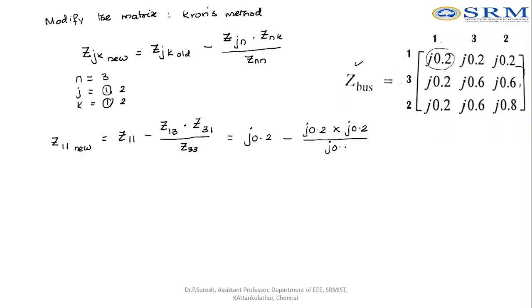So this is the first column, second column and third column. We are going to eliminate the third column, so n equal to 3. That is how we have to take. Don't consider the bus number here. If you use the calculator in complex mode and find the answer, it comes to around j0.15.